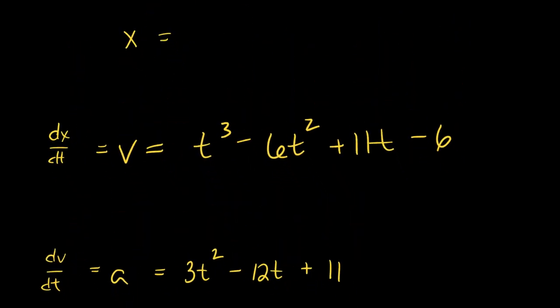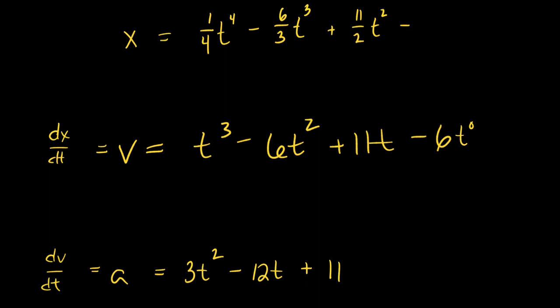The other direction, I need to add 1 to the exponent, divide by the new exponent. And if there's no variable for t there, well then it's t to the 0 power.